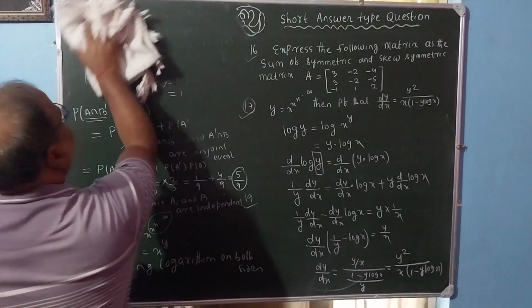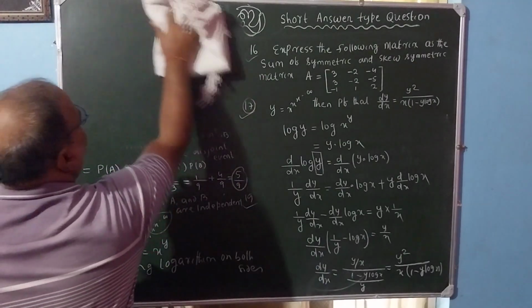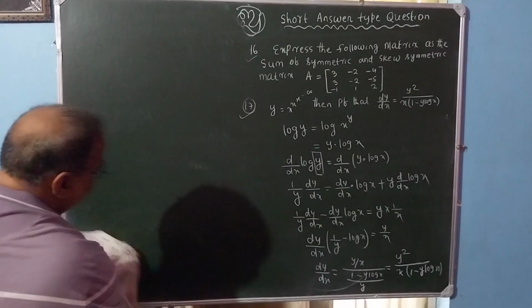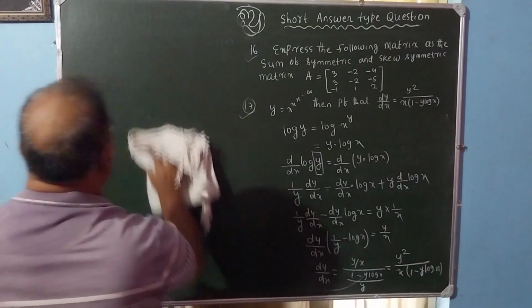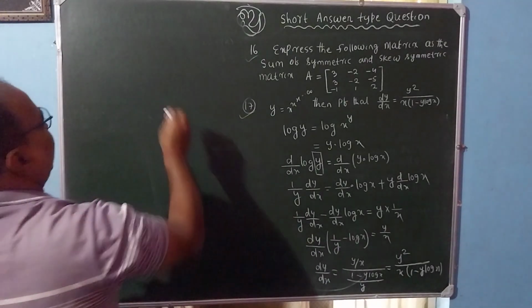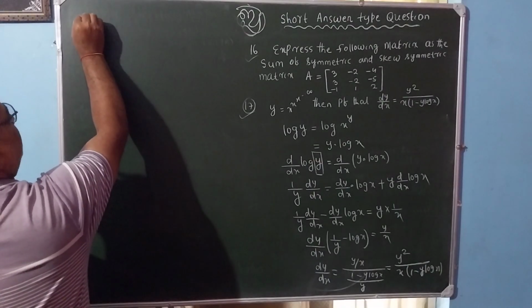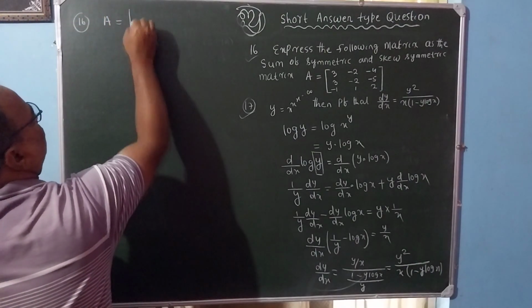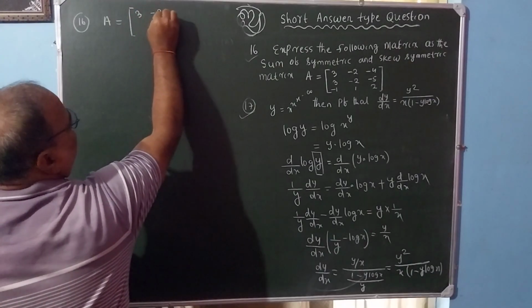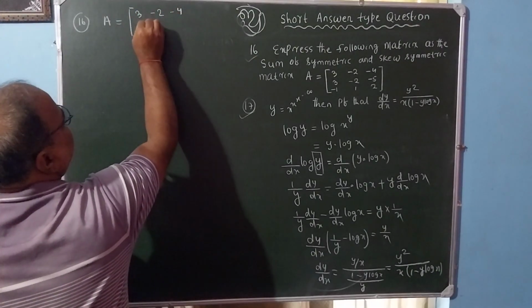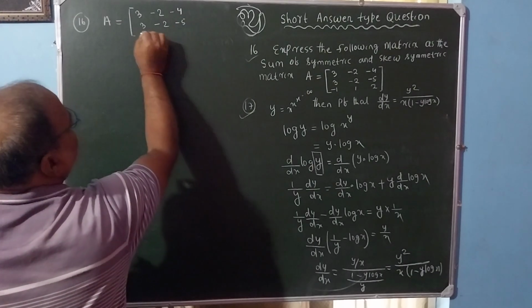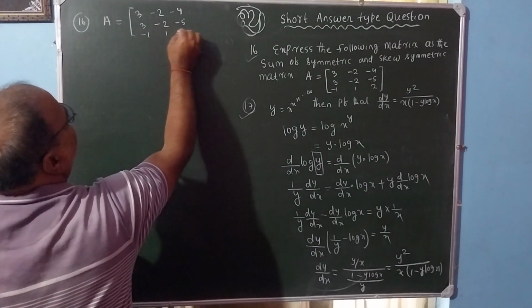Every matrix can be expressed as a sum of a symmetric matrix as well as a skew symmetric matrix. Okay, write down A. Question number 16. A is equal to the matrix with rows 3, minus 2, minus 4; 3, minus 2, minus 5; minus 1, 1, 2.